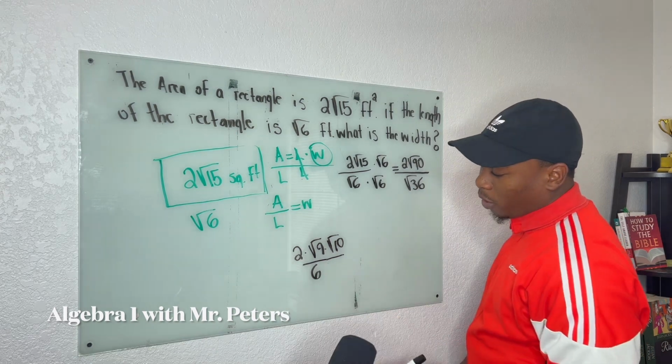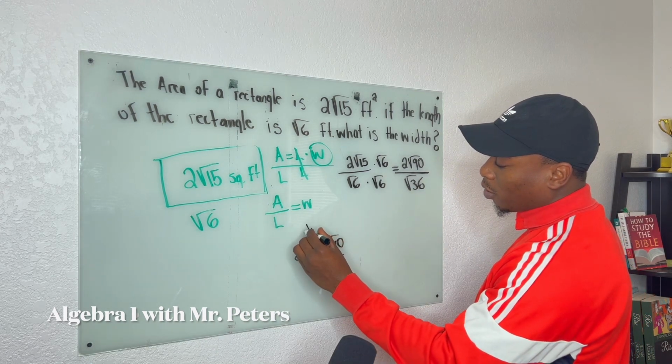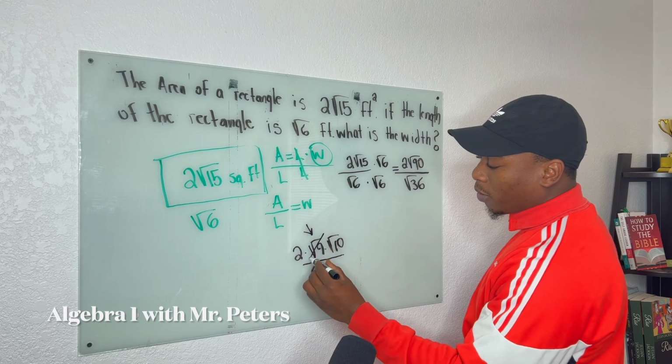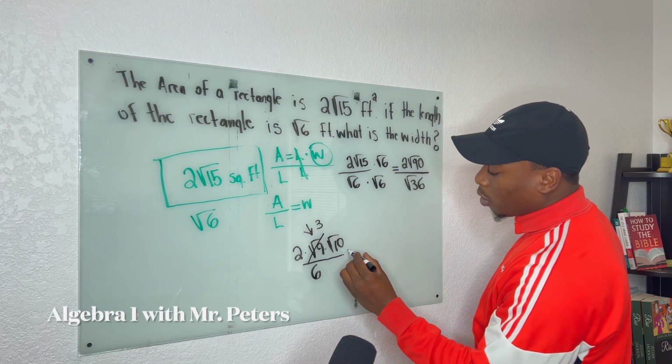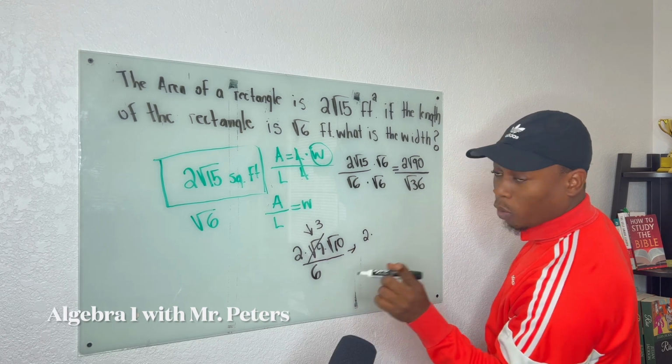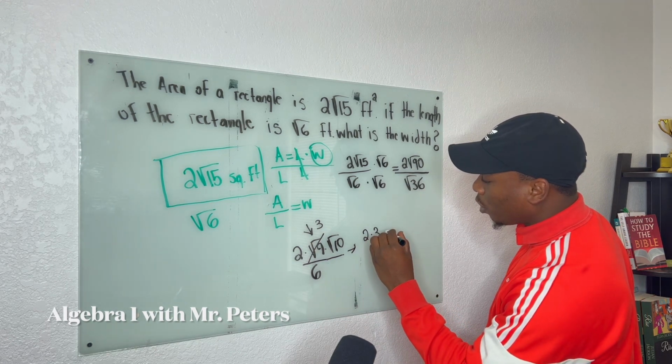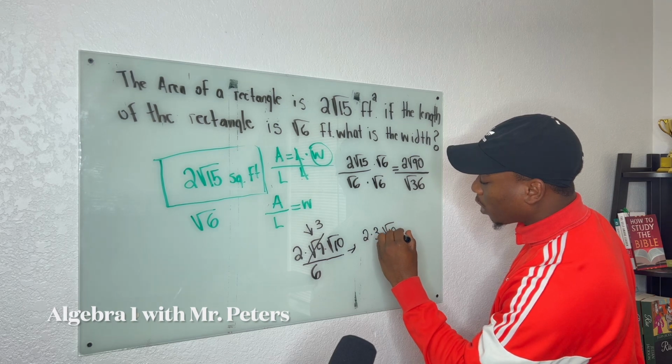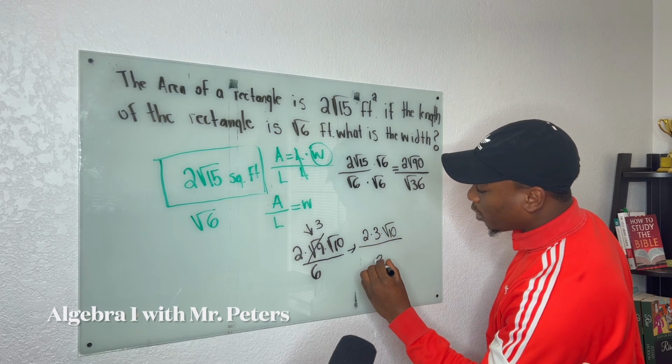So at this step right here, we notice that this is the only perfect square, and this is going to turn into 3. So what happens now is we have 2 times the square root of 9, which is 3, times radical 10 all over 6.